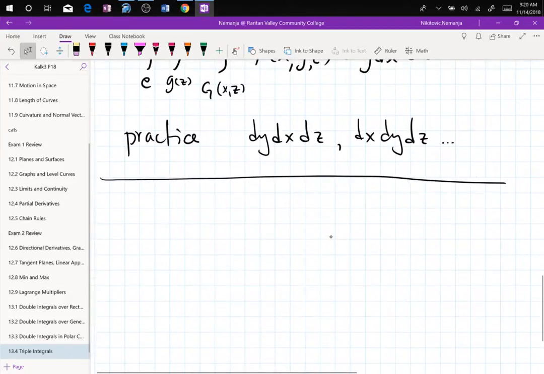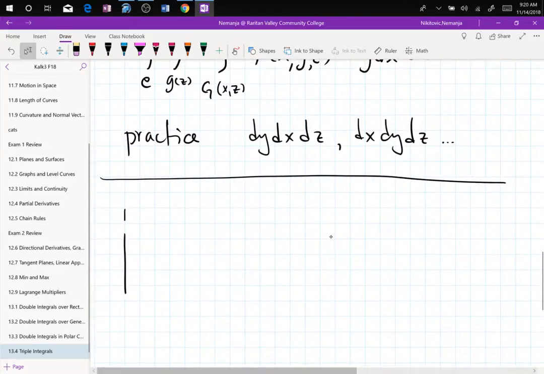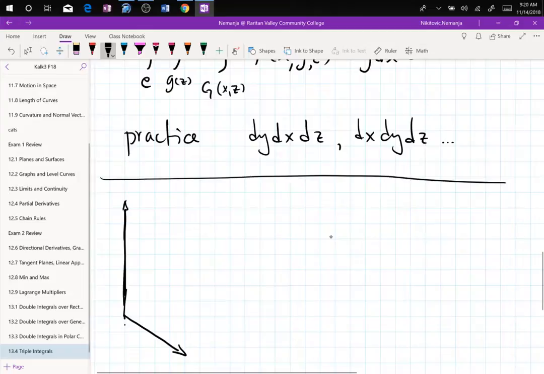So let's take a look at this problem with a wedge. This is set up a little bit differently than you used to.